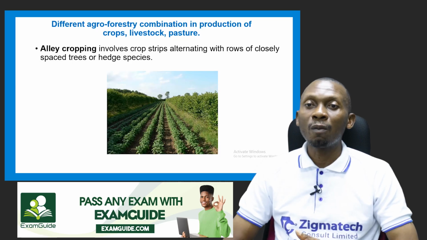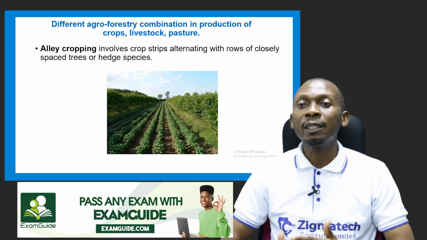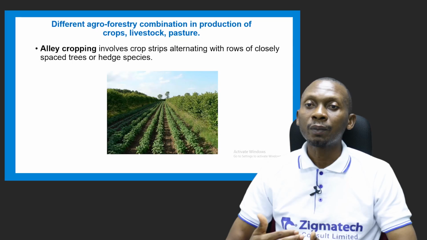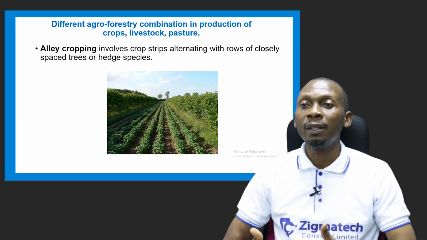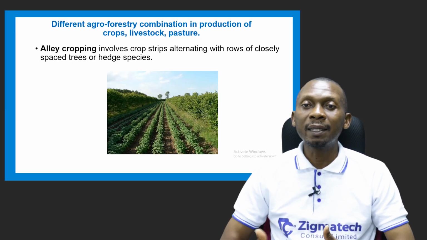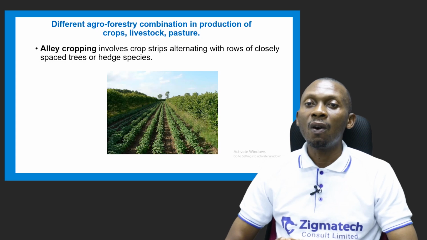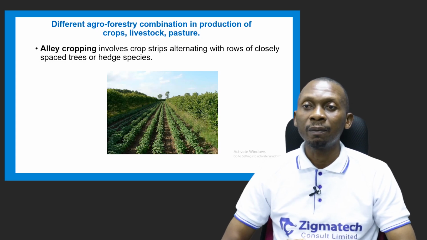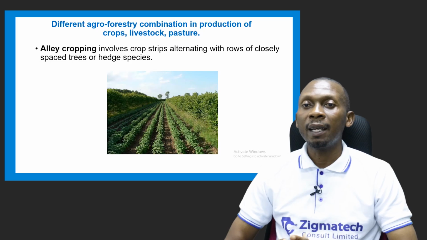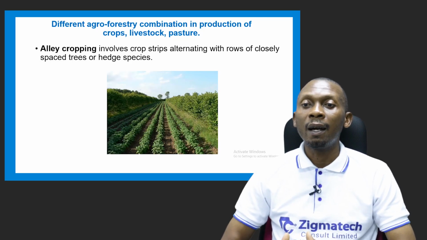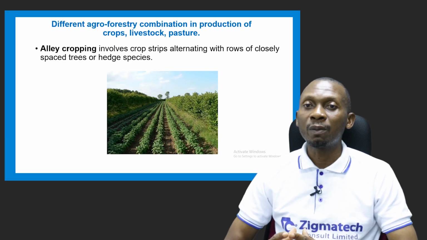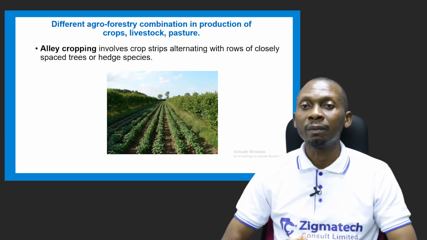Then we have alley cropping. Here we have strips of crops alternating with rows of closely spaced trees or hedge species.